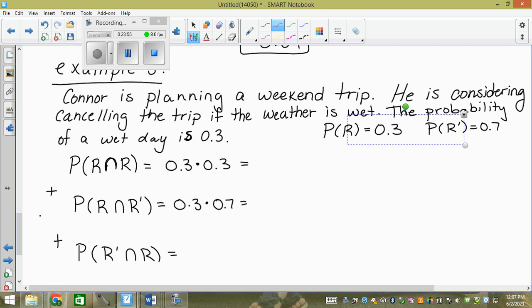And then not rain then rain, 0.7 times 0.3. One of those days. So this is 0.09 plus 0.21 plus 0.21. So that's 0.51.